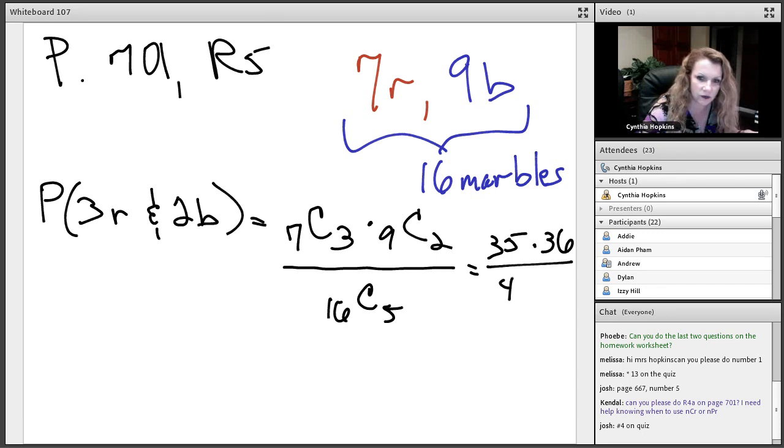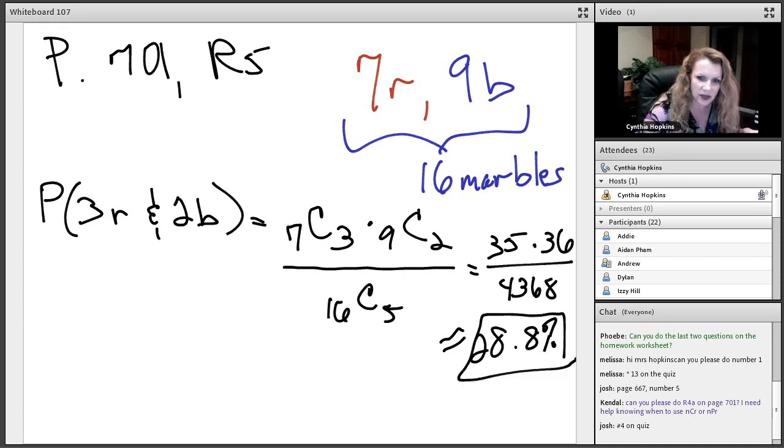That's the denominator, the 16C5. And then that ends up being approximately 0.288. And so they went with an approximation of 28.8% chance of having exactly 3 red marbles.